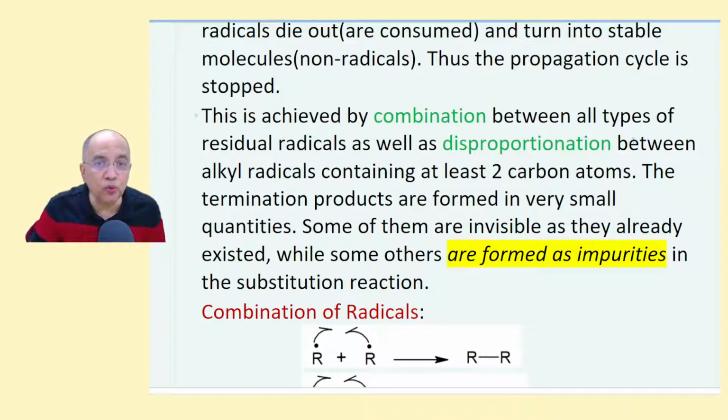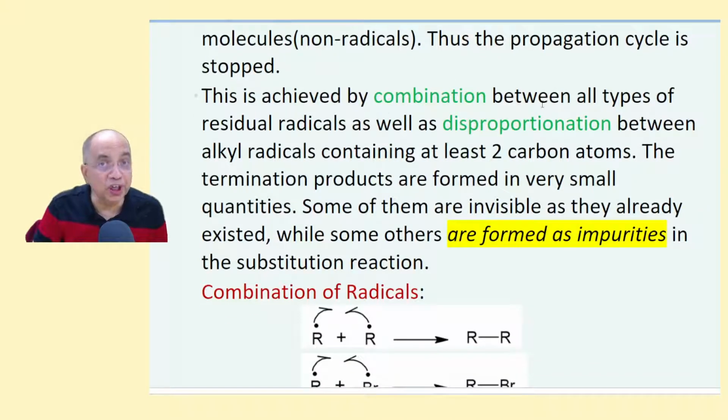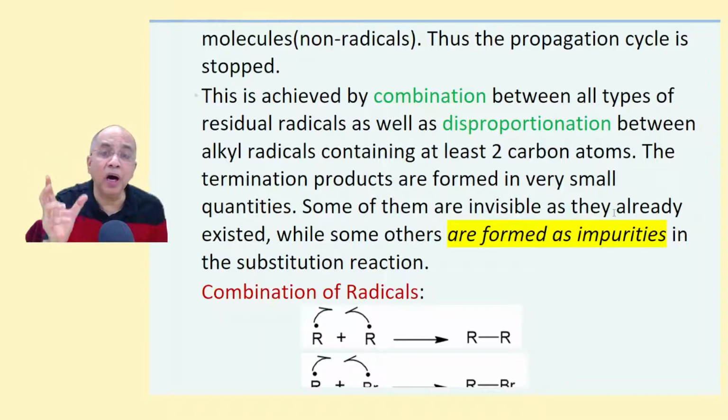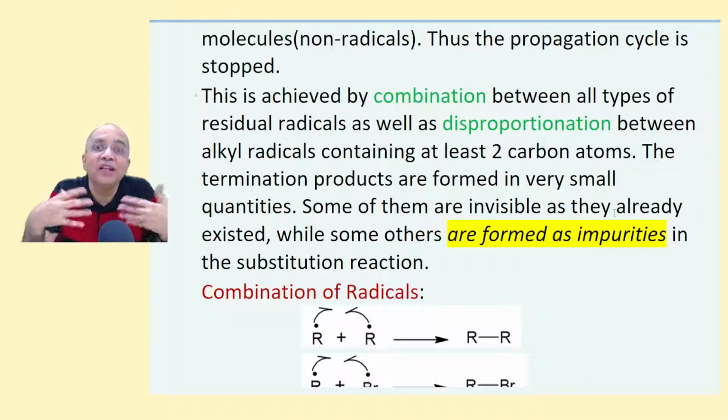So there are 2 ways I will tell you now. There are other ways also. The 2 ways are combination of radicals, and the second one is disproportionation between the radicals. Now this termination process will produce a very small quantity of products. Some of them are invisible because they are already there.